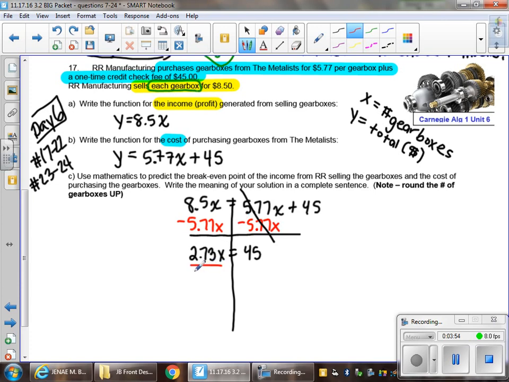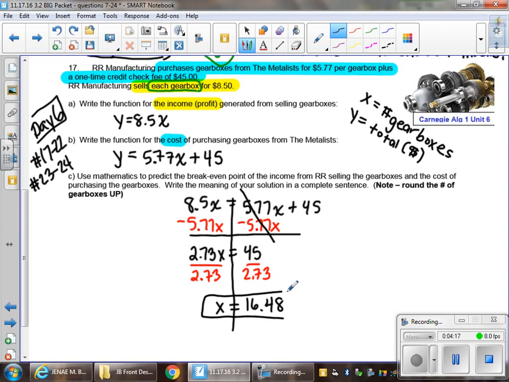We'll divide both sides by 2.73. We get x equals 45 divided by 2.73 is 16.48. This is our math answer.